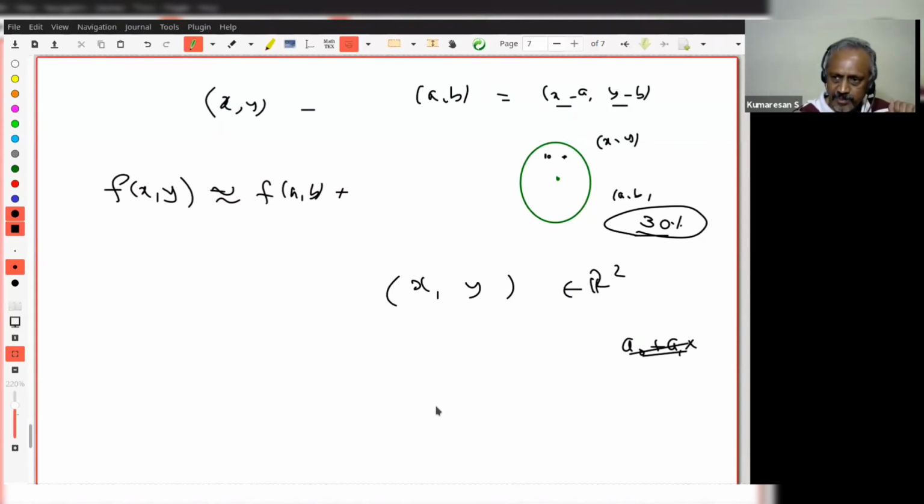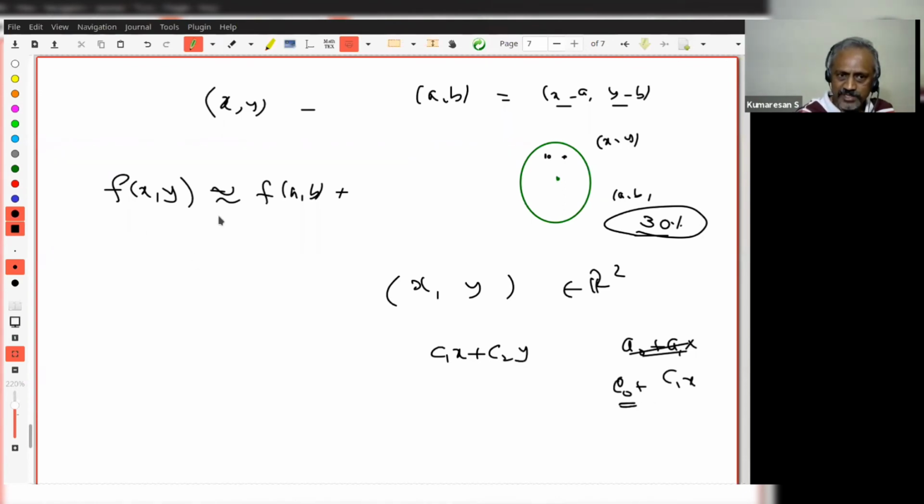If somebody knows the answer or has a guess, please let me know. It is c1x plus c2y. If a constant term is allowed, it's c0 plus c1x plus c2y.